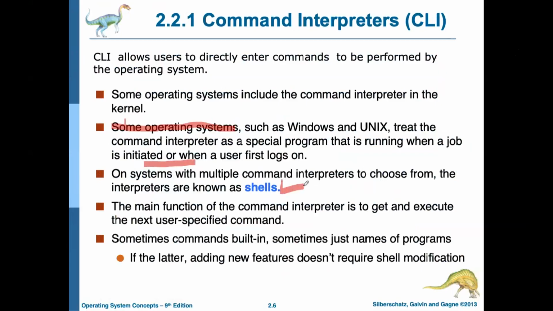The main function of the command interpreter is to get and execute the next user-specified command. Sometimes commands are built in, sometimes they are just names of programs. If the latter, adding new features does not require shell modification. All right, so that's regarding CLI.